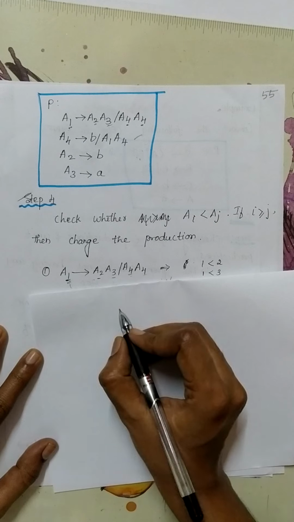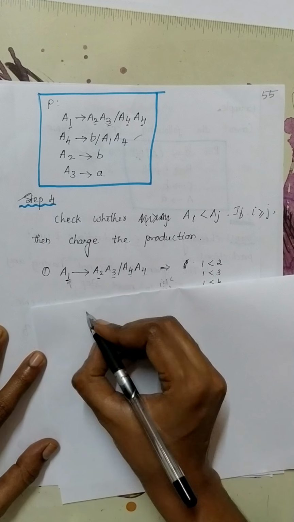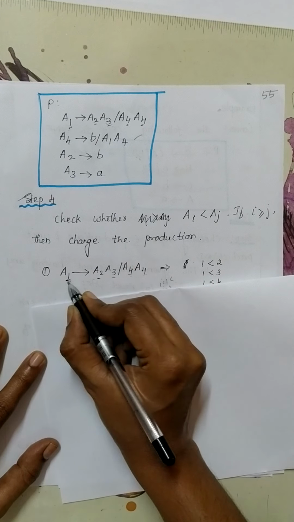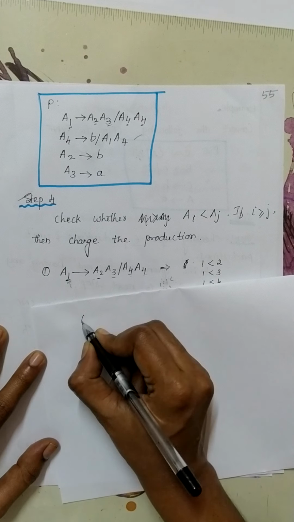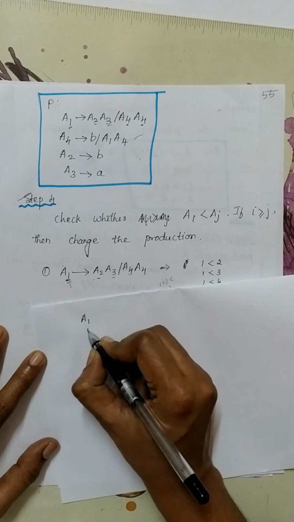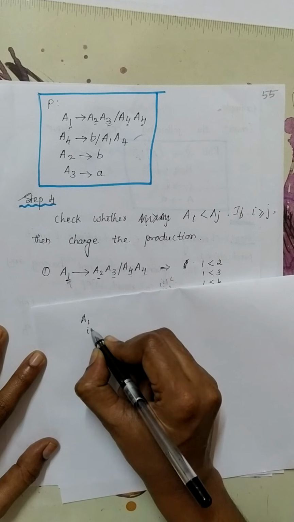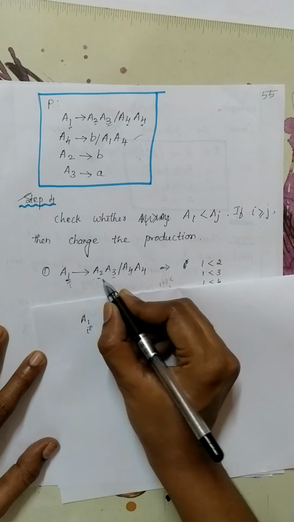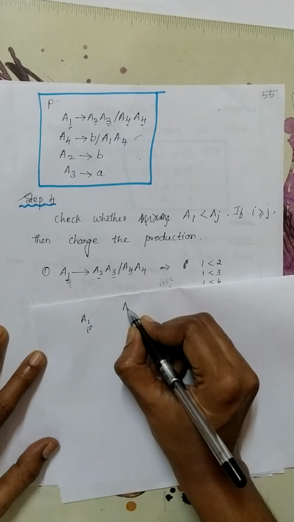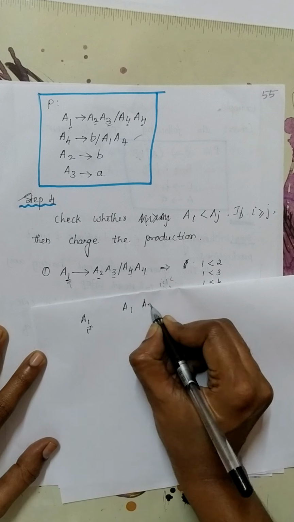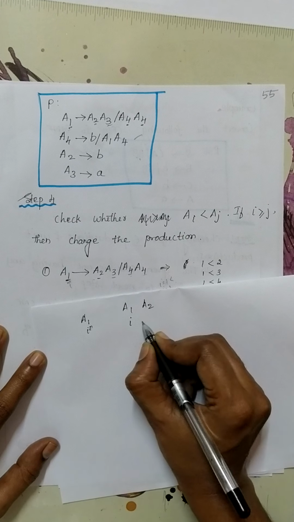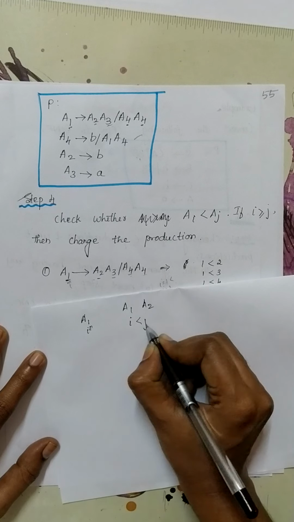We will check whether i is less than j. In the variable A1, i is 1, and here we are comparing A1 and A2, so i is less than j.